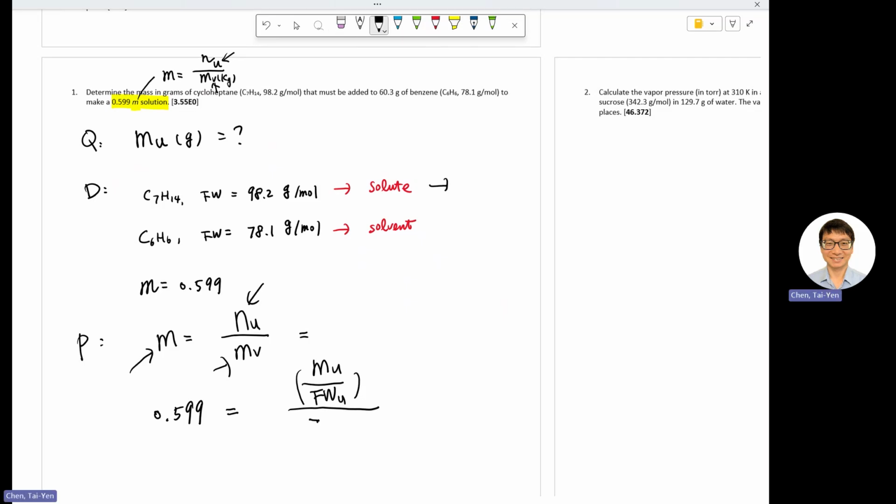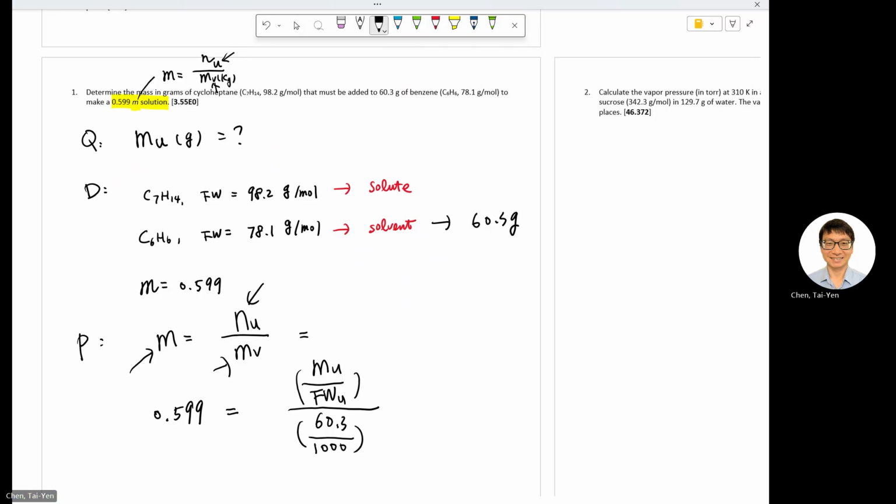I should actually write it out. How come you guys cannot tell me? The solvent is 60.3 grams, so this will be 60.3 divided by 1,000.